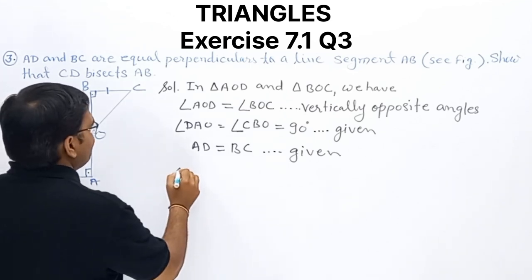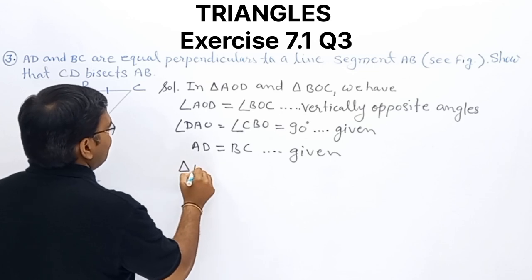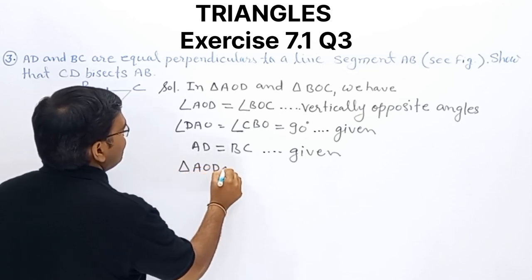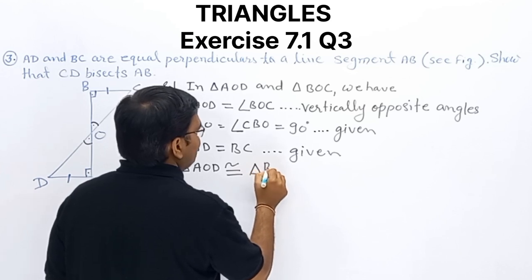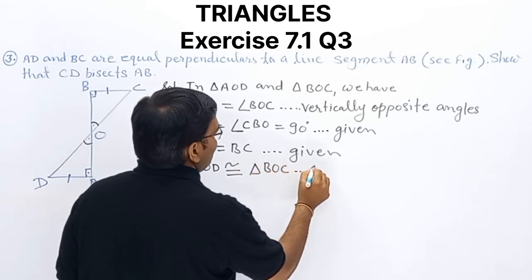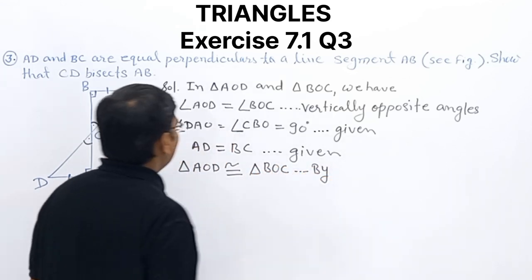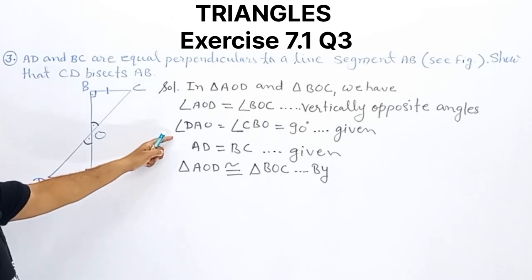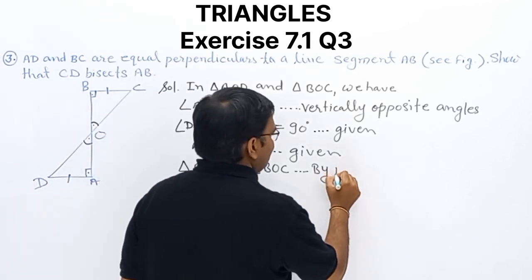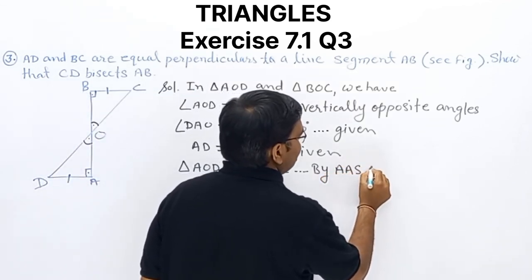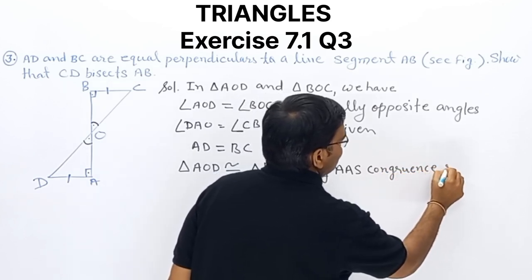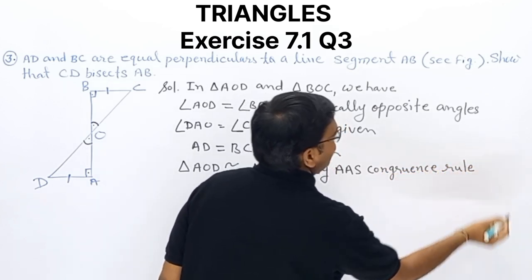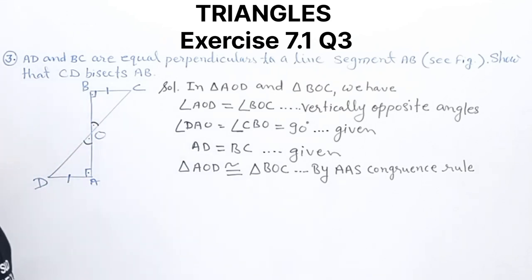So finally we can say triangle AOD is congruent to triangle BOC by the angle side congruence rule.